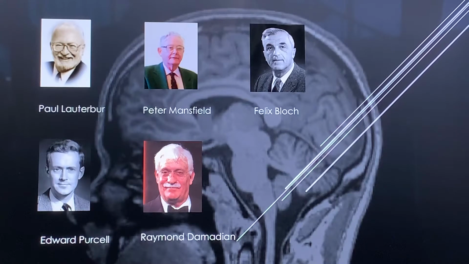Lauterbur, Mansfield, and Damadian were the three big physicists of the 70s to really make consequent advances in MRI technology. Although Damadian was credited for having the first patient MRI technology, Lauterbur and Mansfield focused on techniques to produce 2D and 3D MRI images and won the Nobel Prize in Physiology and Medicine in 2003.